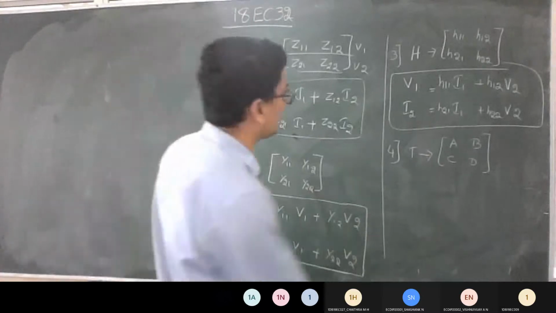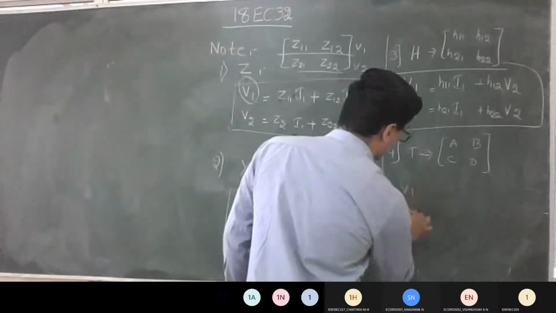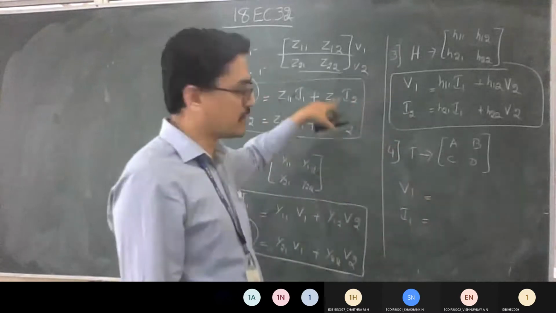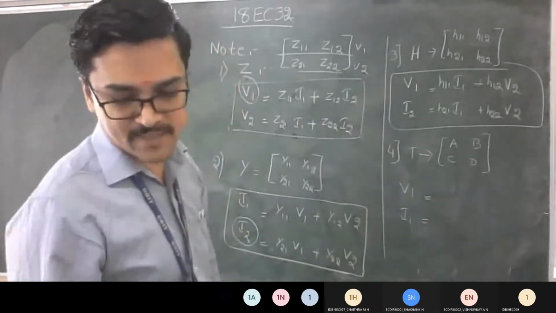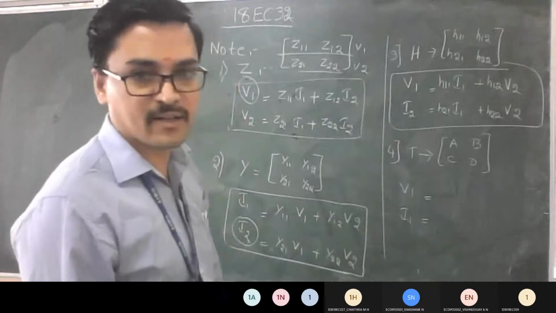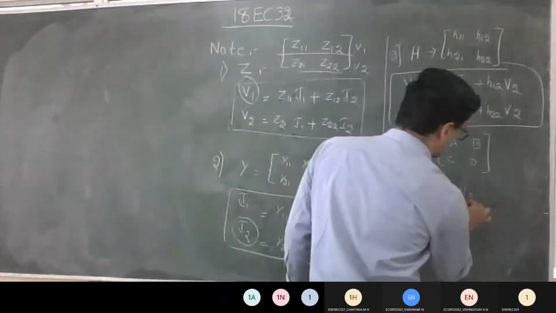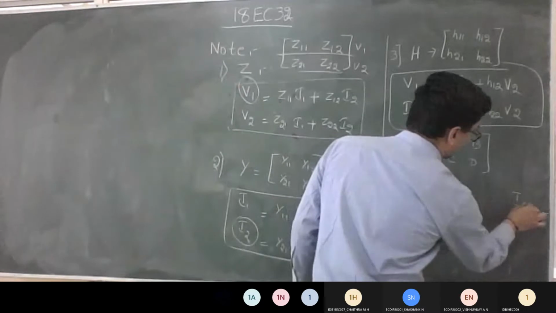Here we'll be dealing with V1 and I1. In the hybrid we went with a mixture of two, right? Now you'll have V1 as well as I1, and V2 and I2.